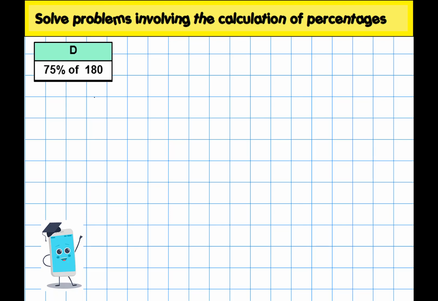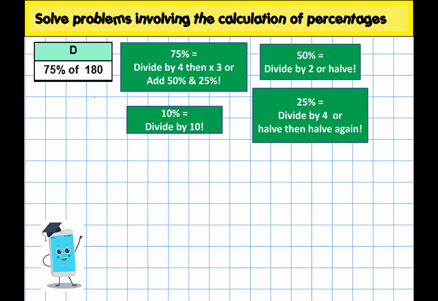75% of 180. Remember, 75% is the same as 3/4. So you could divide by 4, then multiply by 3, which is the same as finding 3/4 of 180.